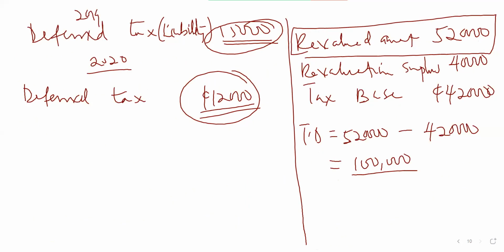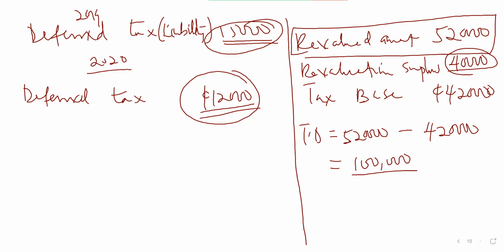Okay. But after the asset was revalued, we are now having an increase of what? 40,000. So whenever there was a revaluation and you have calculated the temporary difference for the total amount, including the revaluation, you now have to separate your temporary difference between profit and loss and revaluation.